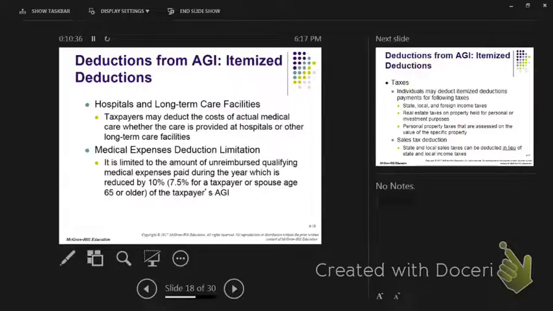Because someone that has decent health care, unless they have some type of catastrophic issue, is going to find it very hard to exceed that amount and have anything deductible. If you don't have good health care, or no health care at all, you're going to be there quickly. So that's something just to tell them. Now, 10% for most of us, 7.5% for those that are over 65.